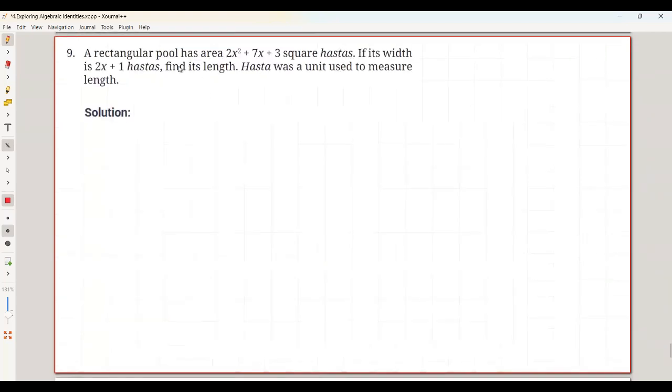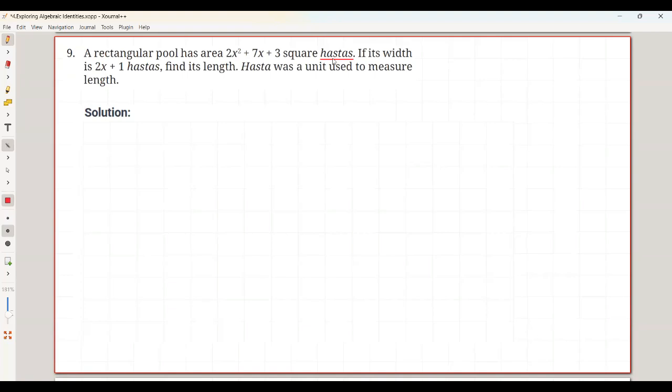Next: a rectangular pool has the area 2x square plus 7x plus 3 square hastas. Hasta is a unit of measurement. In the olden days people used it, just as now we use meters and centimeters. Hasta is the length from your elbow to the middle finger.